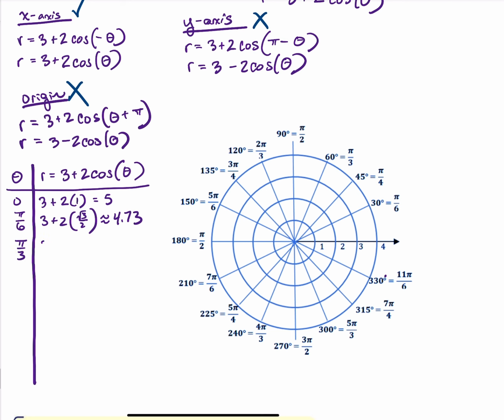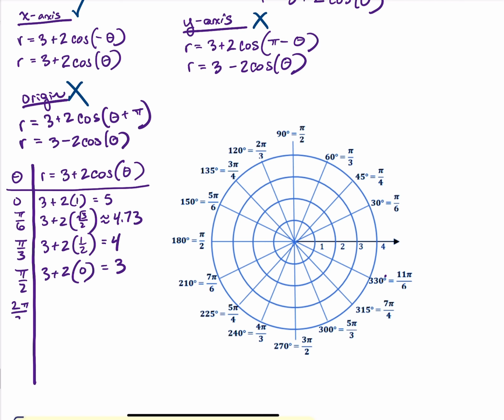For pi over 3, this will be 3 plus 2 times the cosine of pi over 3, which is 1/2. So 3 plus 1 will be equal to 4. Then for pi over 2, 3 plus 2 times the cosine of pi over 2, which is 0. So 3 plus 0 is 3.